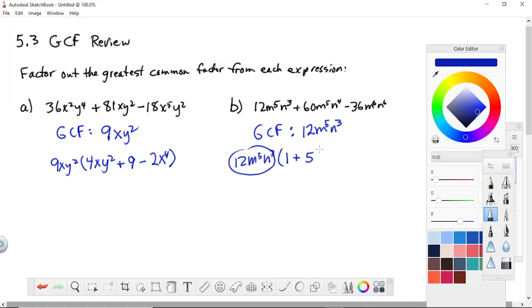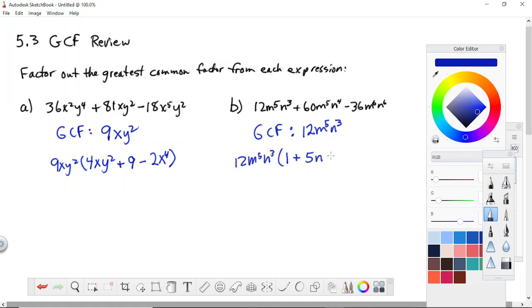So there's no m's left, but when we look at the n, it's n to the fourth, and we're dividing by n cubed, so we will have n left over. So that's it for that term.